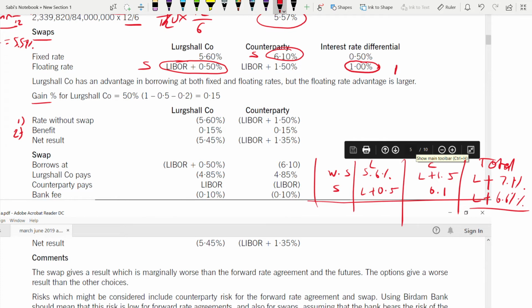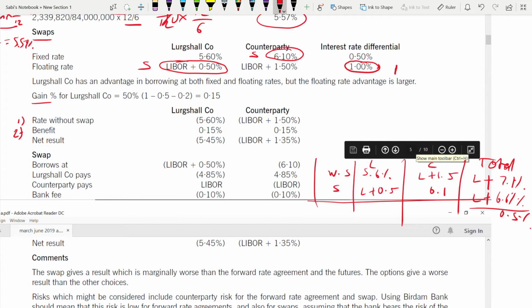So if you deduct 7.1 minus 6.6, because L will get cancelled, it is 0.5%. Okay, it is 0.15% each.